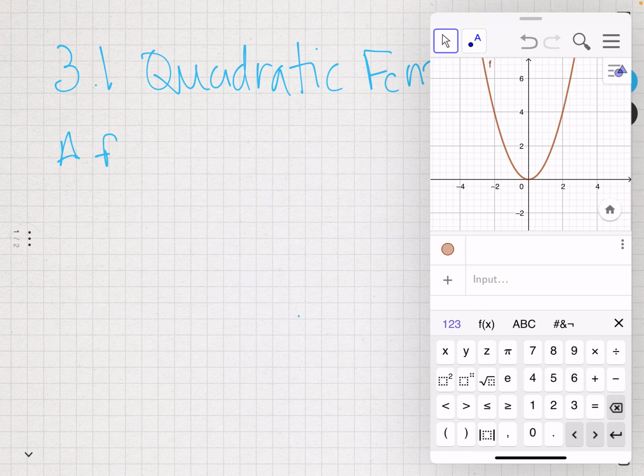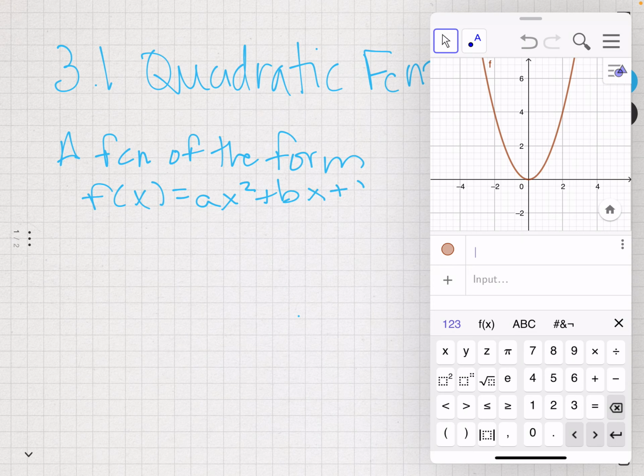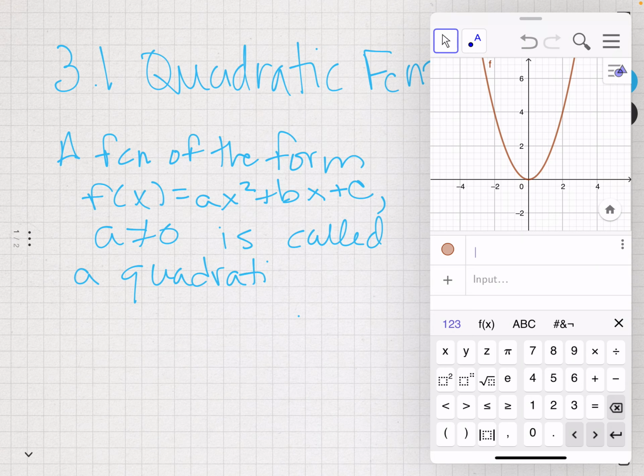A function of the form f of x equals ax squared plus bx plus c, whenever a isn't 0 and b and c are real numbers, is called a quadratic function.